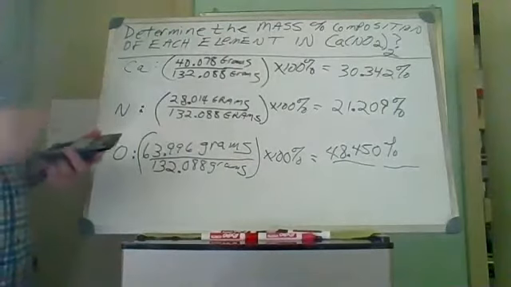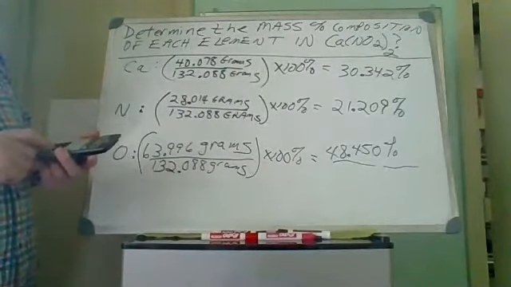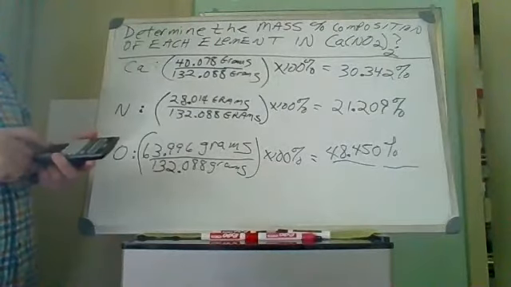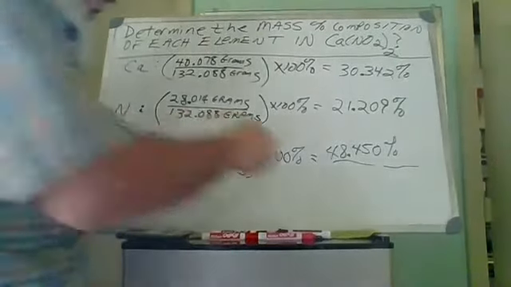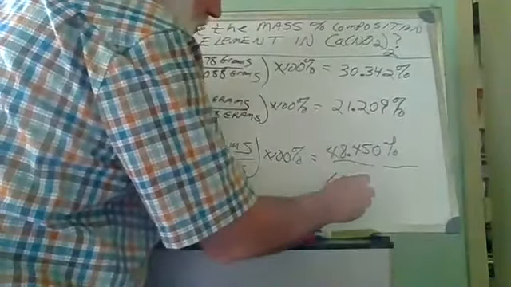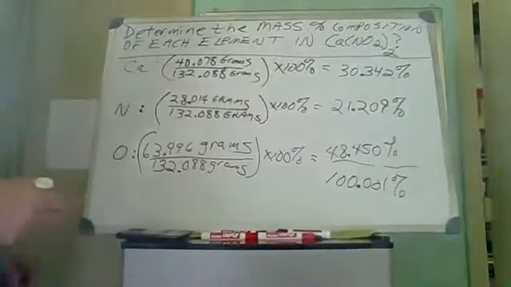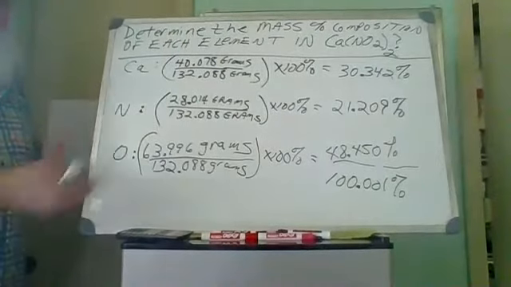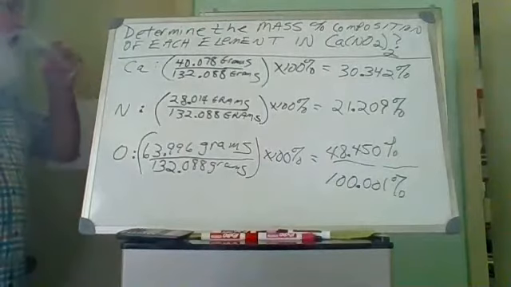So 30.342 plus 21.209 plus 48.450 equals, and I get 100.001%. That's always a good check. Add up all your percentages. They should equal 100% within rounding error, which is what we have here.